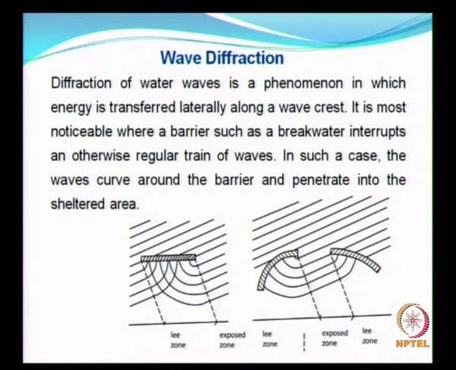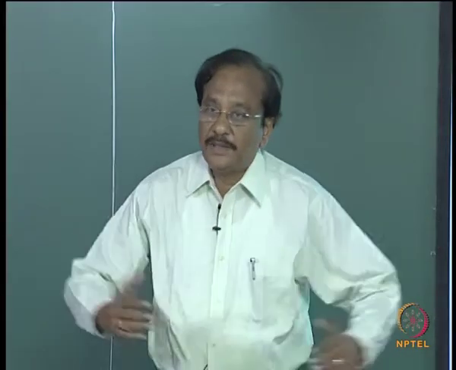But look at this shadow area. Herein, after the waves feel the tip of the structure, a certain amount of energy is spread in the lateral direction, because of which the wave fronts will start bending. So you look at this bending of the waves. You see that the energy gets laterally diffracted.